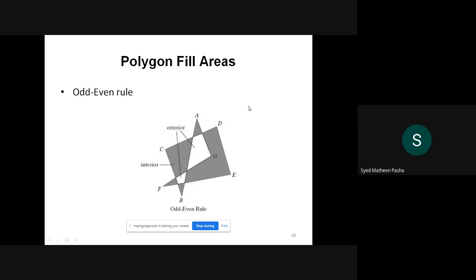Then we'll count the number of line segments crossing along this line. Suppose I take AB as a position, and this is the line which I have drawn here. Then I will check the number of line segments crossing that particular line. I can call this one line which is crossing this one line.